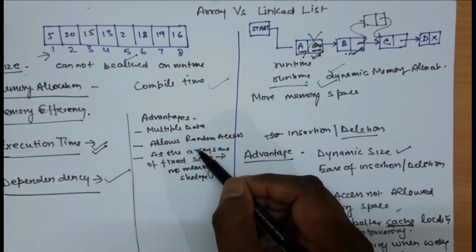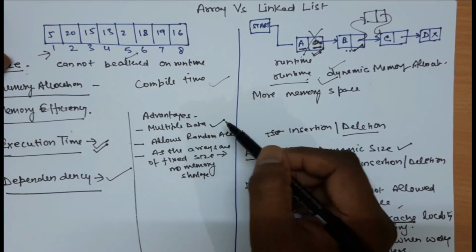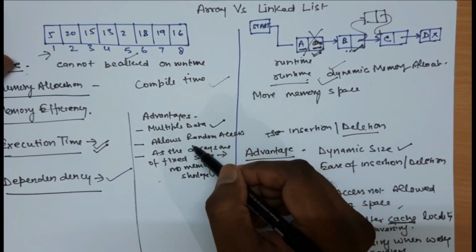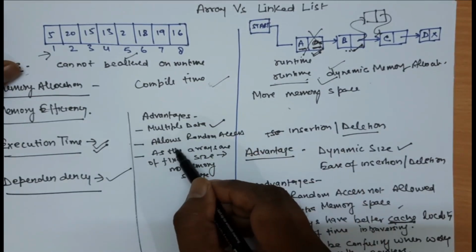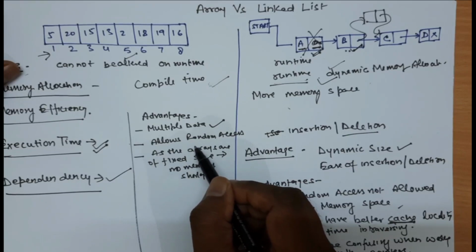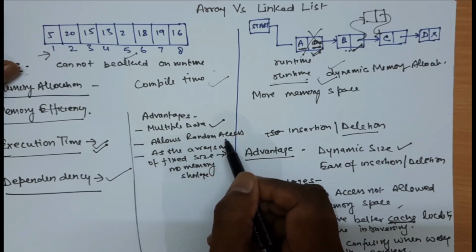Now let us see the advantages of the array data structure. The first one is multiple data. An array stores multiple data of similar types with the same name. Arrays also allow random access to the elements, so it is comparatively faster.